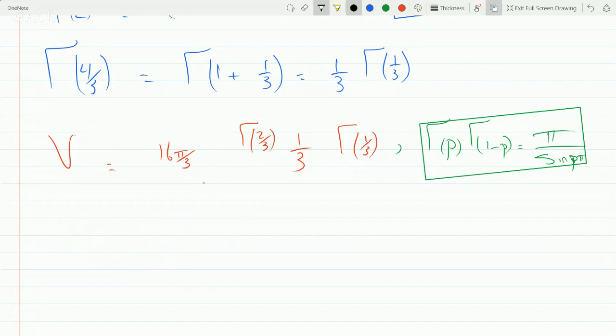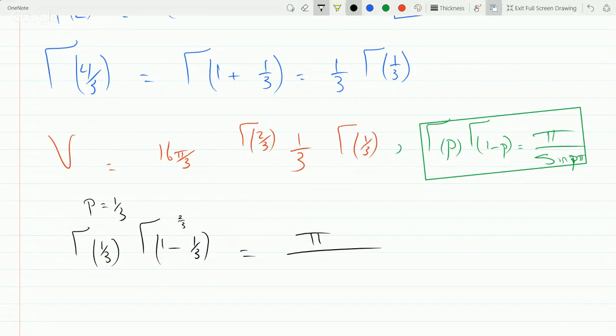So when this is 1/3, times 1 minus 1/3, this here is the 2/3. According to that formula, this is pi over, in this case p is 1/3 here, so pi over sine pi over 3. So this becomes 2 pi over root 3.